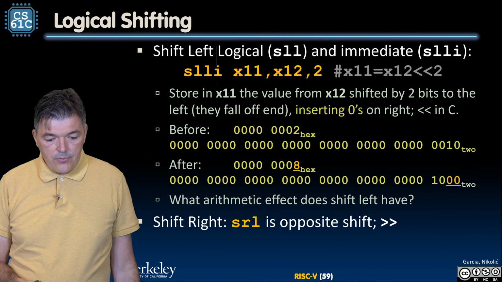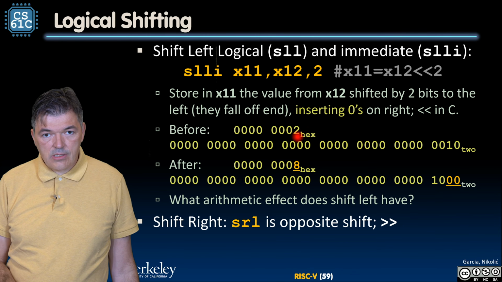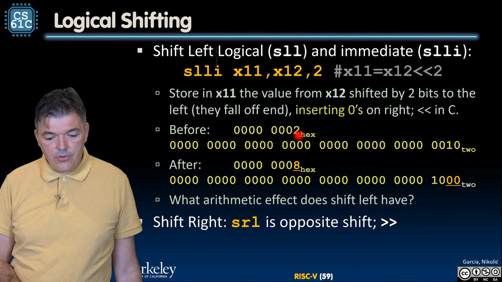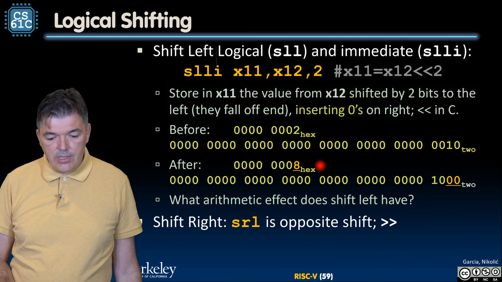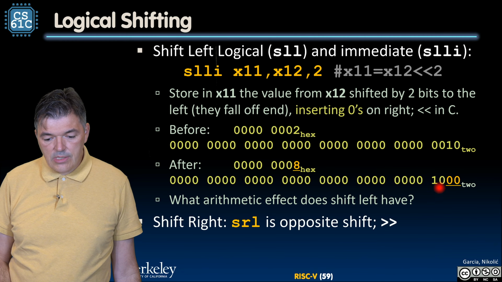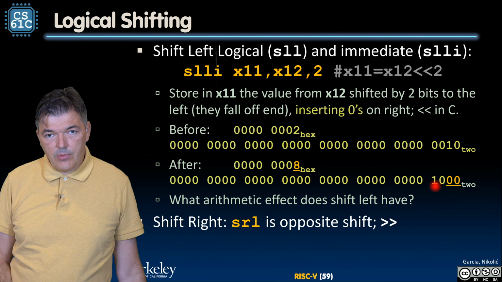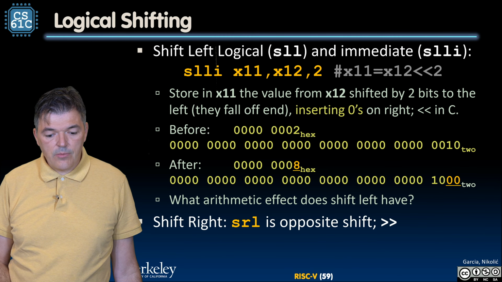So if we have a hex value of 2 in the register beforehand, after shifting it by 2 to the left, we are going to end up with 8. We have essentially moved this 1, 0 to the left by 2 bit positions and inserted zeros in the least significant bit positions.